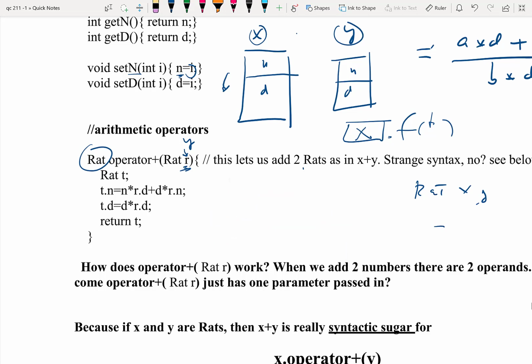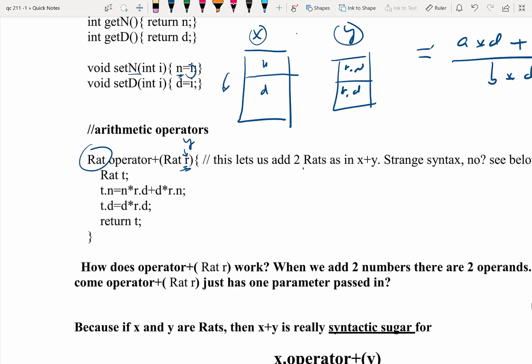Given that, we can now write what we mean by adding two rats. Y's numerator and denominator are r dot n and r dot d. So what's the numerator going to be?